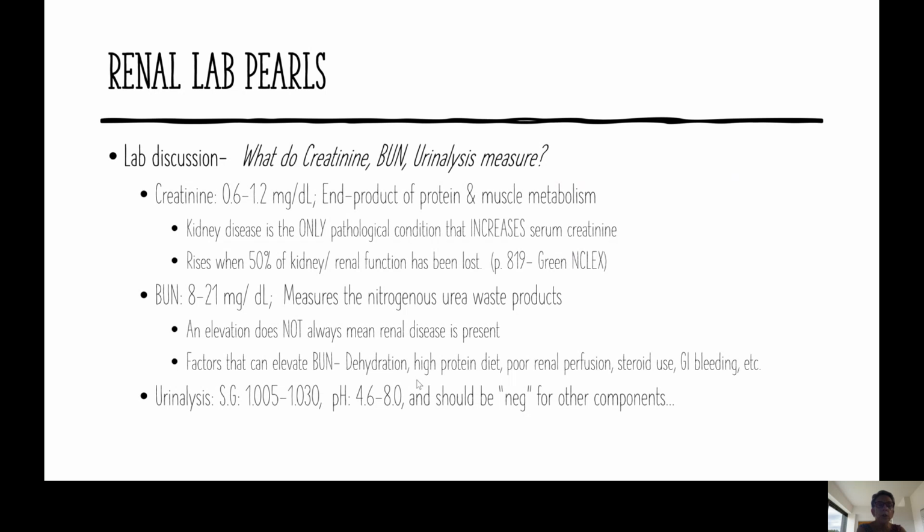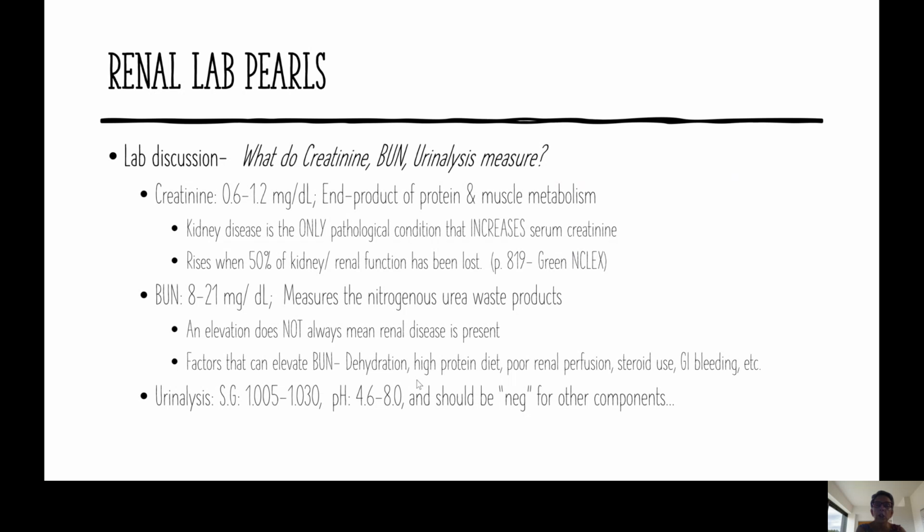Poor renal perfusion can also cause it, but it's usually a temporary kind of thing. Steroid use. So for the bodybuilders who are doing high protein, not drinking a lot of water, and using steroids, they can have significantly increased BUN, and over time that can also cause the creatinine to go up. So you have to watch out for that.